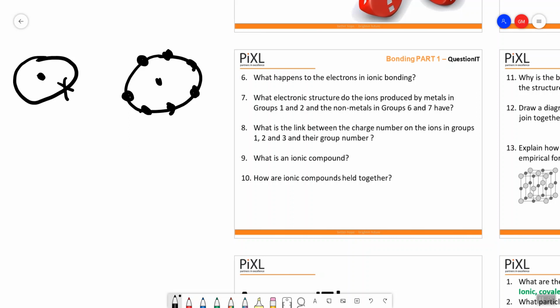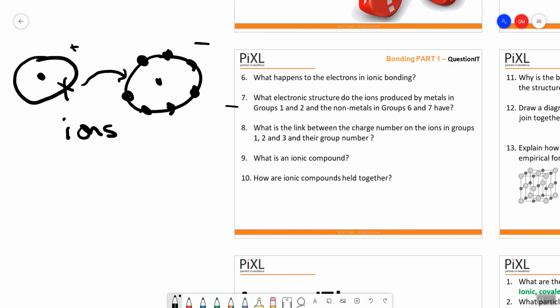Look, 7 electrons. So that one will be transferred over to here. That's lost a negative electron, so it becomes positive. That's gained a negative electron, so it becomes negative, and those things now are called ions. And because they're opposite charges, opposites attract, they stick together, we call that an ionic bond. If you're not sure on that, watch the other video again.